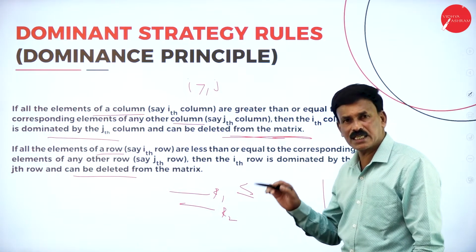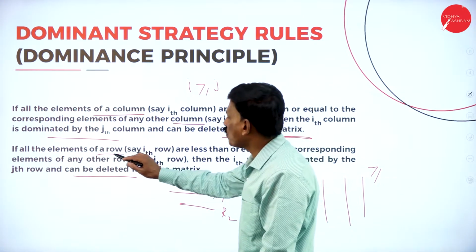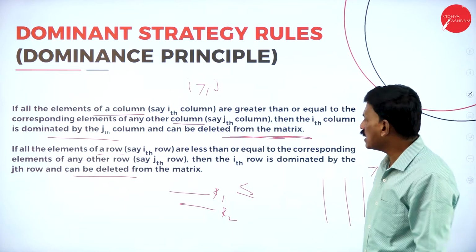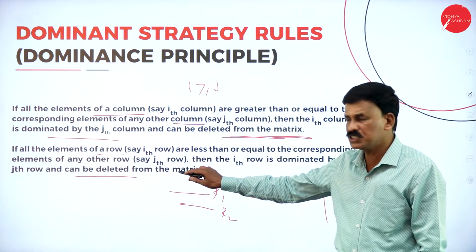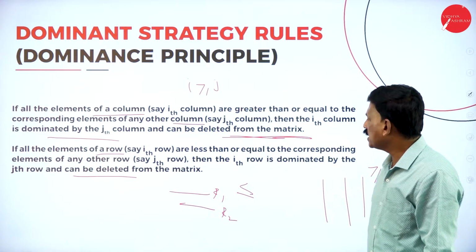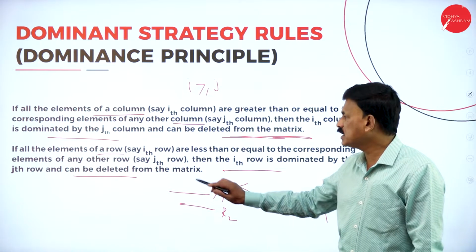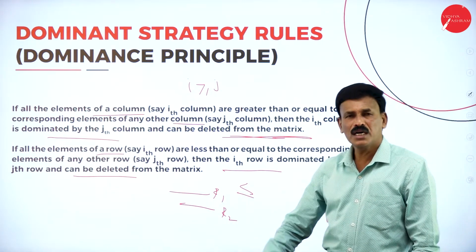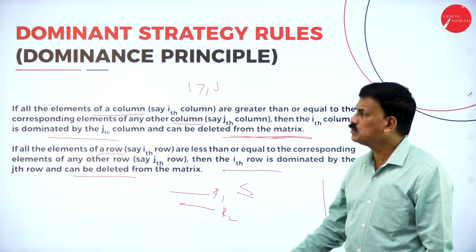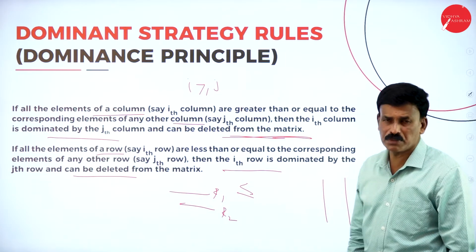If all the elements of a row are less than or equal to the corresponding elements of another row, then the ith row is dominated by the jth row and can be deleted. The first condition is greater than or equal to and the second is less than or equal to. This is what is called the dominance principle.